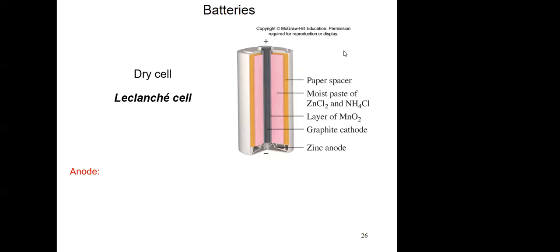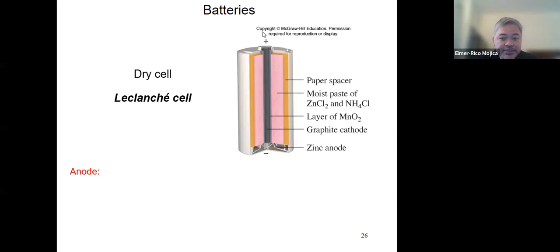So the next slide that we have are the common batteries that we usually use in our everyday life. And you will see today what's the chemistry behind these batteries. Here, the dry cell or Leclanché cell, this is like a Duracell.